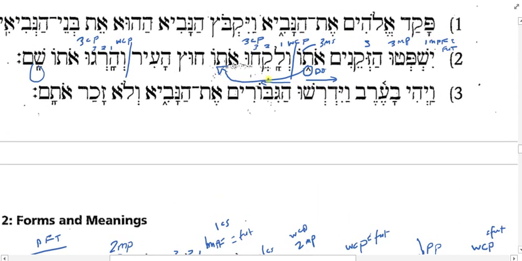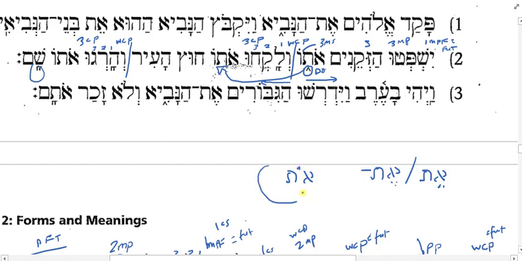The direct object marker is normally pointed et with a tsere, and et with a segol if there's a maqqef. That's the direct object marker when there are no pronominal suffixes attached to it. If I add a pronominal suffix, then the vowel pointing is going to change to oth.